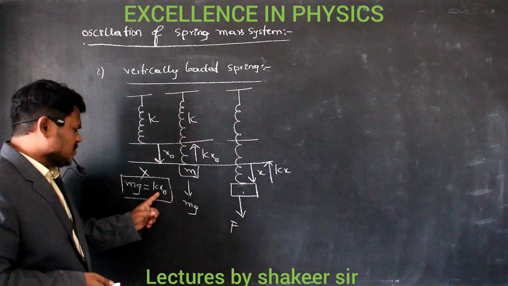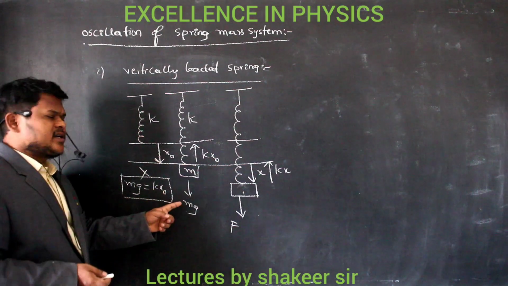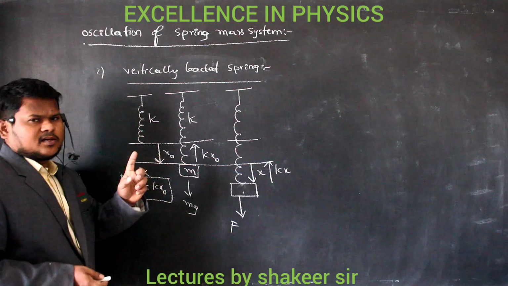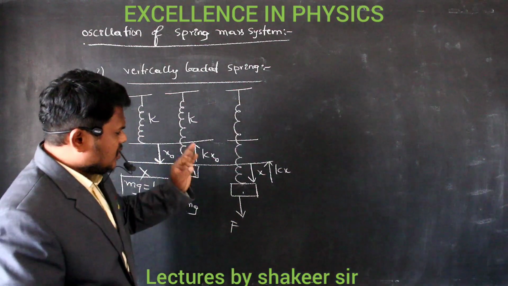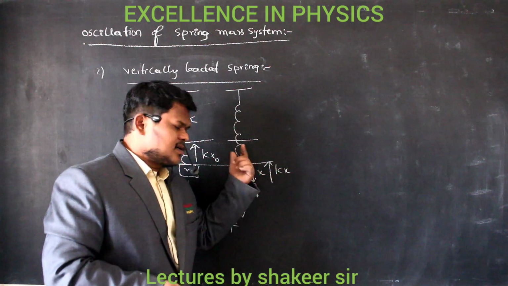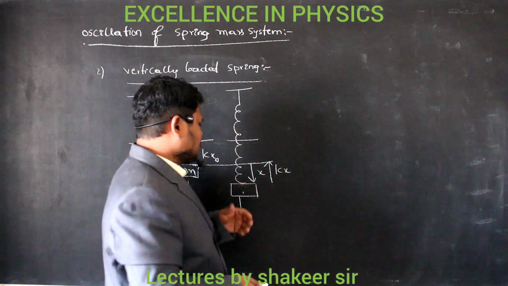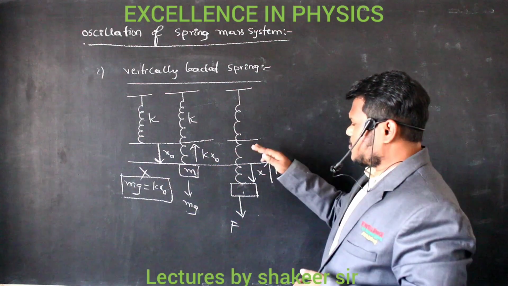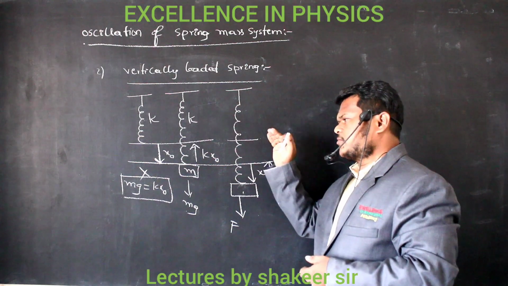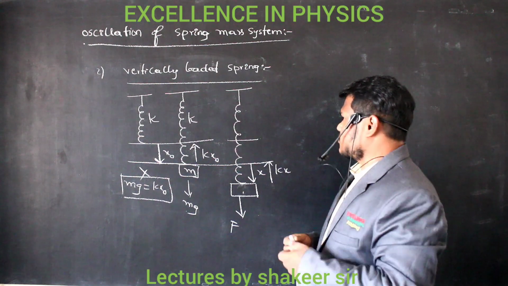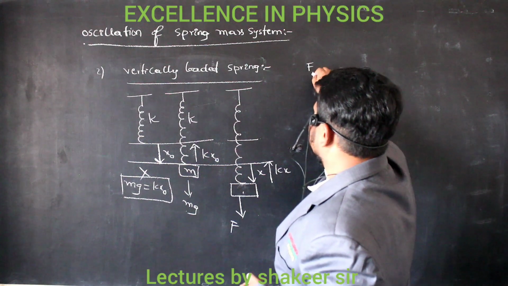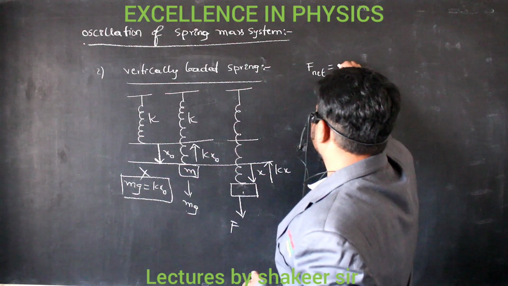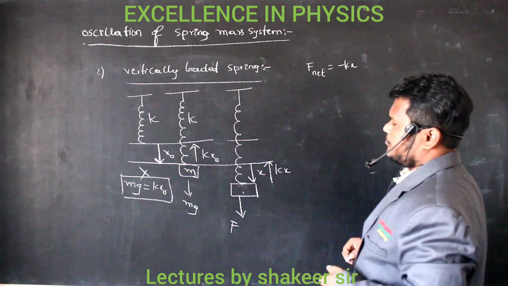There is another restoring force, Kx naught, but it is balanced by mg, so I am not considering it. So the only restoring force now present is K into x. Clear? And we represent the restoring force by a negative value, because if displacement is in one direction, the restoring force is in the opposite direction. So the net restoring force will be equal to minus K into x.